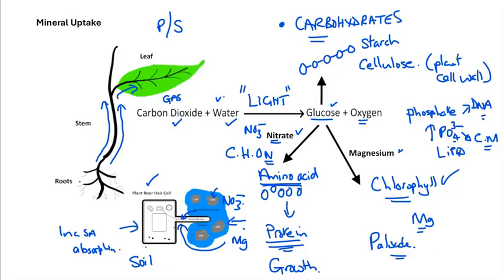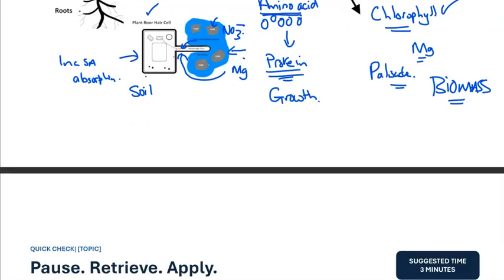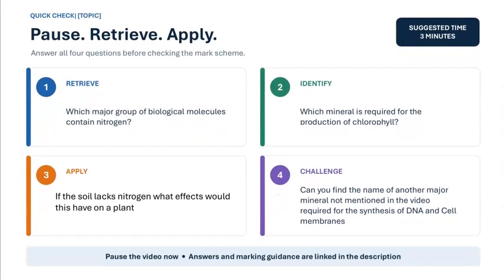And in biology, we call this biomass, which is an important link to your study of ecology. So just a little bit extra there on the phosphates.